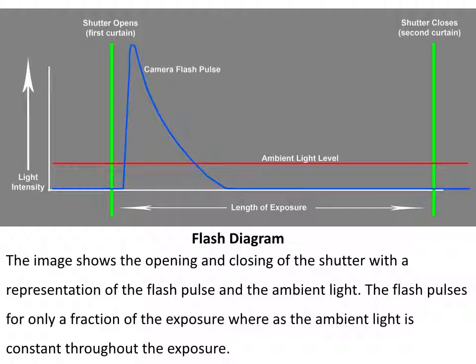The blue line shows the point at which the camera flash pulses. You'll see that the actual pulse of the camera flash is only a fraction of the actual full length of the exposure. The ambient light is represented by a red line, and you'll see that runs for the whole length of the exposure and is consistent all the way through.